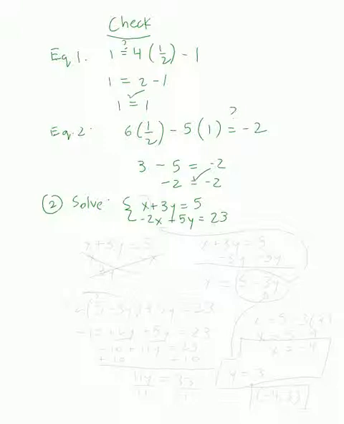Now it says pick an equation and solve for one variable in terms of the other. I don't already have a variable by itself, so in this problem step 1 is not done for me. But notice the easiest variable to solve for is this variable right here because there's no number next to it. In other words, all I'm going to have to do is subtract. And that's great because I'm going to avoid using fractions.